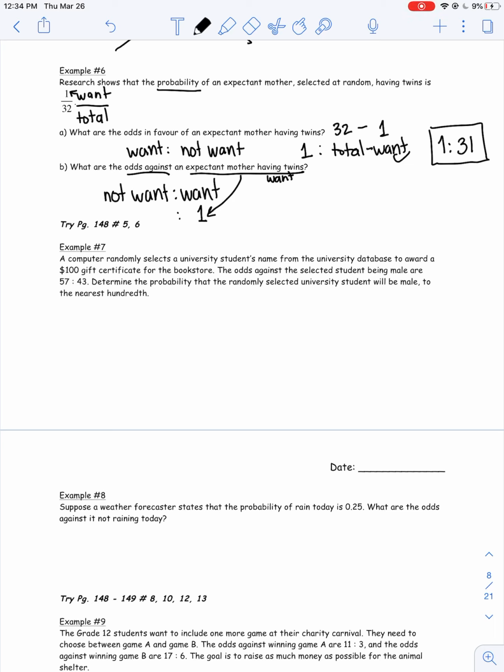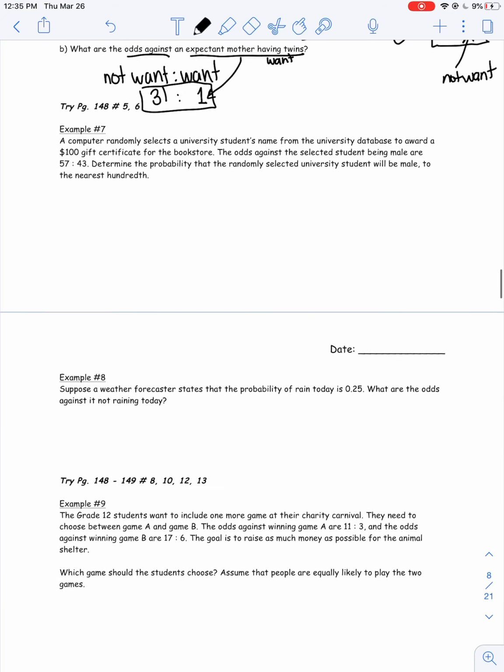And then the not want is the complement, meaning how many mothers will not have twins. Well, we already found that, right? That was our not want right here. So they just switch spots whenever they say odds against in this case. So 31 mothers are not going to have twins. So this is our answer, 31 to 1.